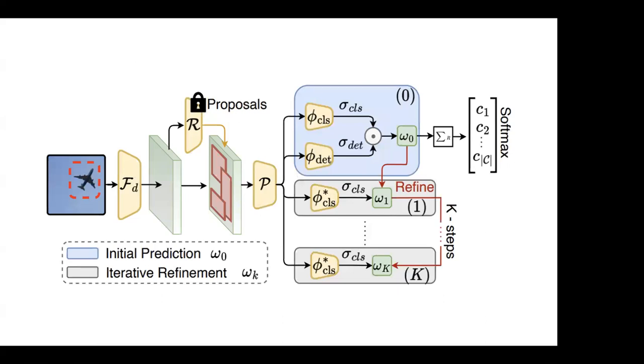For weakly supervised detection, we have the same model in the beginning, but the RPN now is not trained.